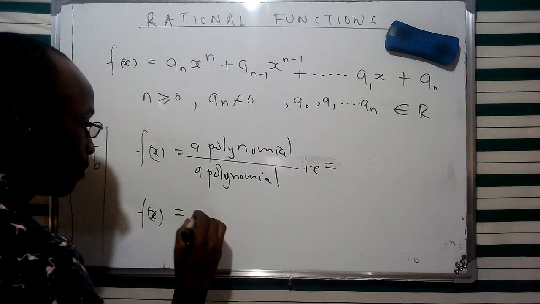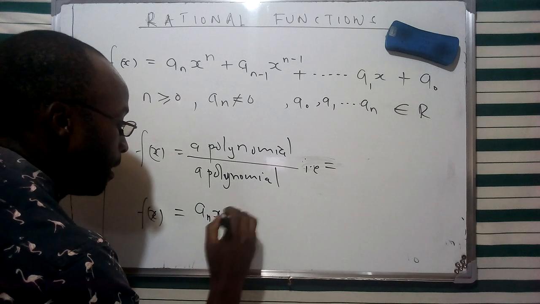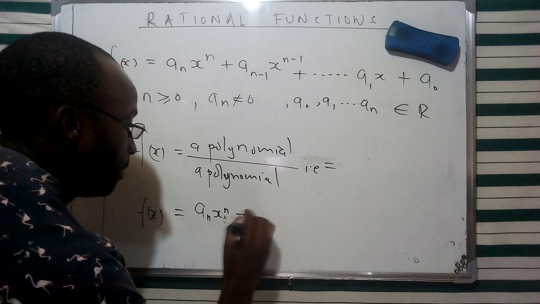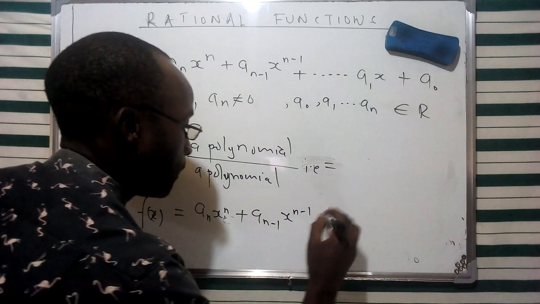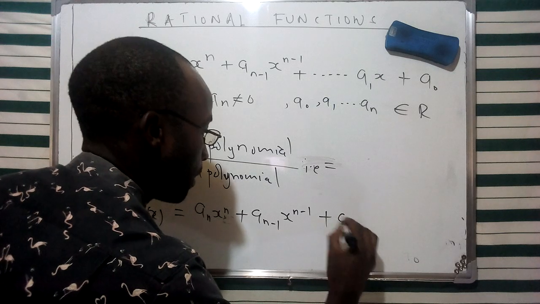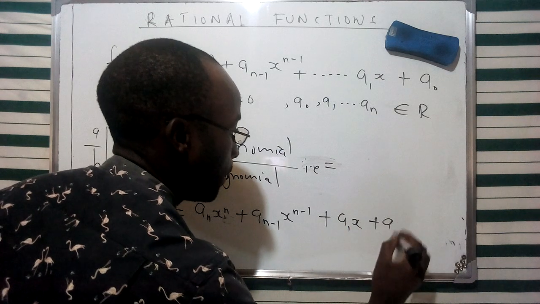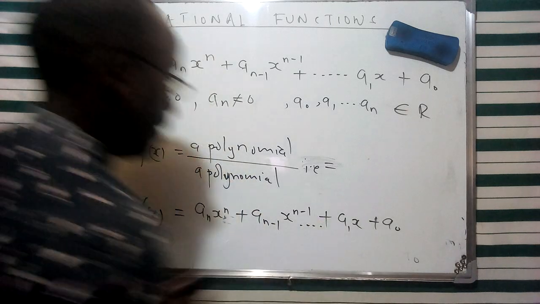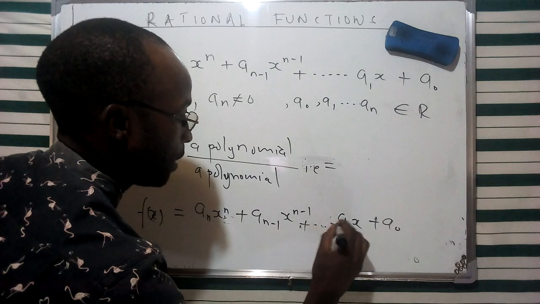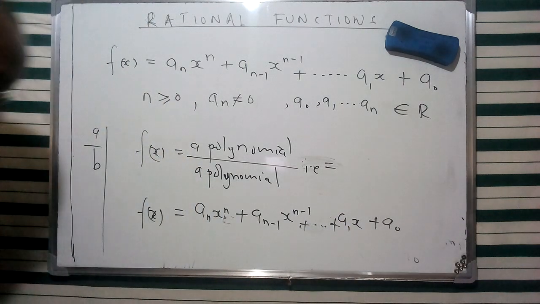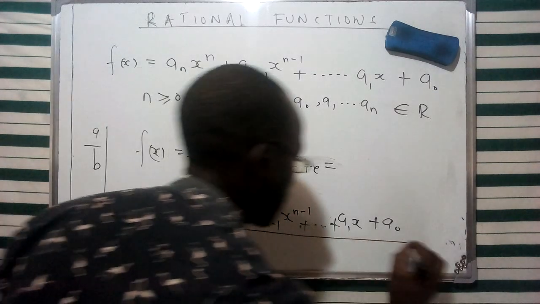This is going to be given as a_n x^n plus a_(n-1) x^(n-1), and this is going to be a continuation, and then we have the last two terms a_1 x plus a_0, and we can express this as a fraction as well.